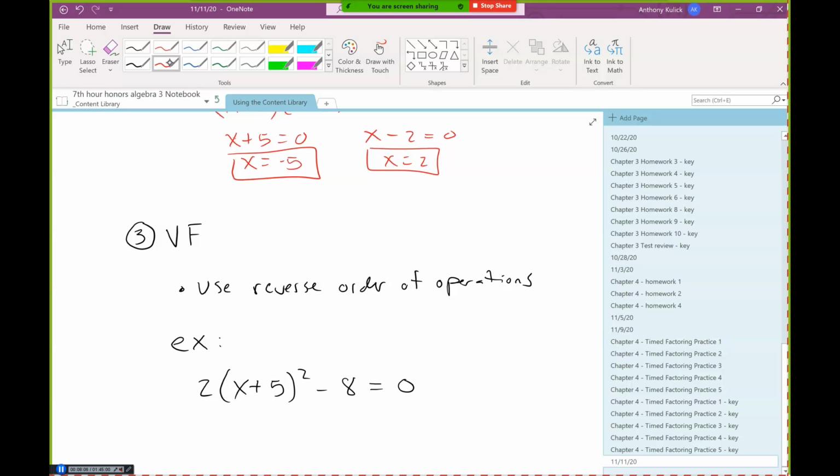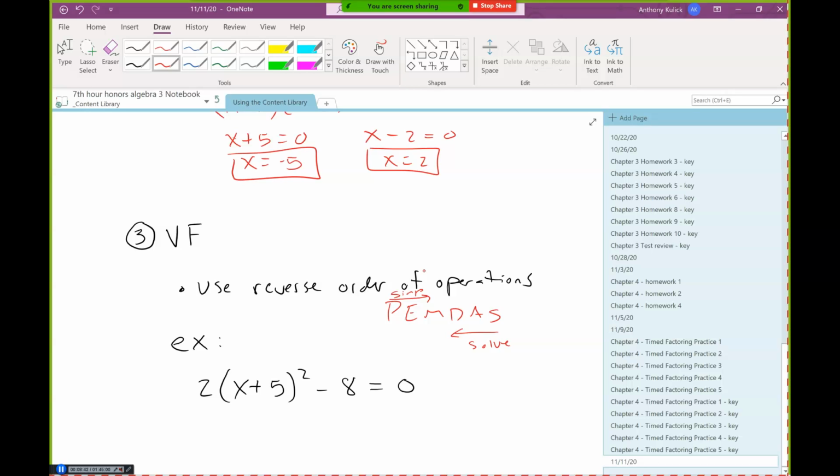So let's say we have a vertex form problem that looks like this. When we say order of operations, when we are solving, we start at this end and work backwards. When we're simplifying, we start with parentheses and work that way, right? So what's the first thing that we would need to undo in this problem?